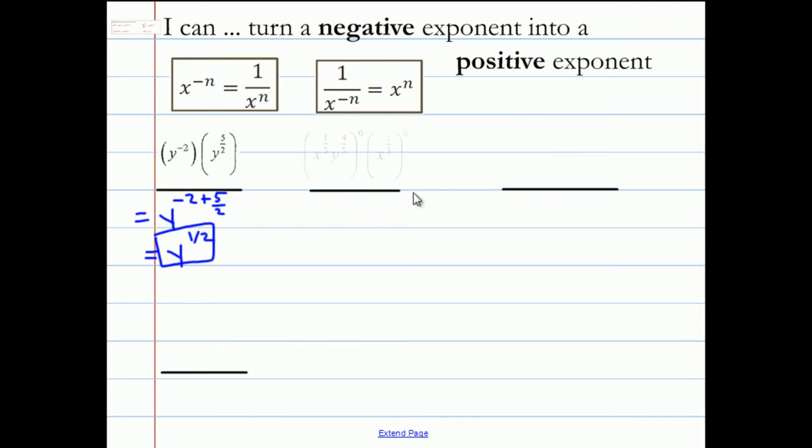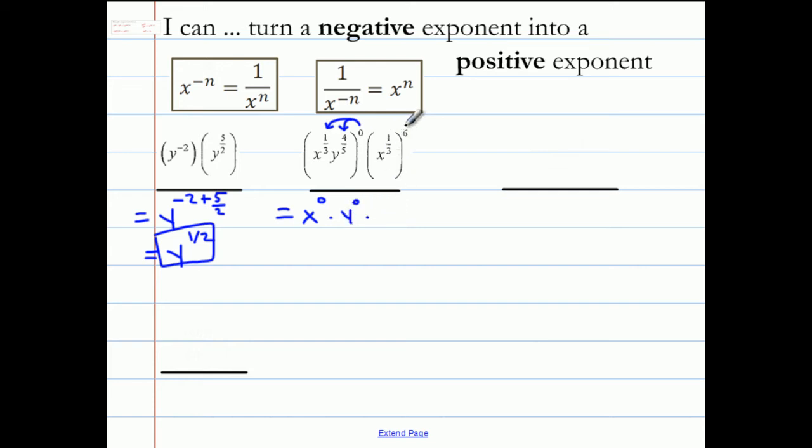Another example, x to the 1/3 times y to the 4/5 raised to the 0, times x to the 1/3 raised to the 6th power. So this first term, you need to distribute the 0 to each of these exponents. So 1/3 times 0 is just 0. 4/5 times 0 is just 0.